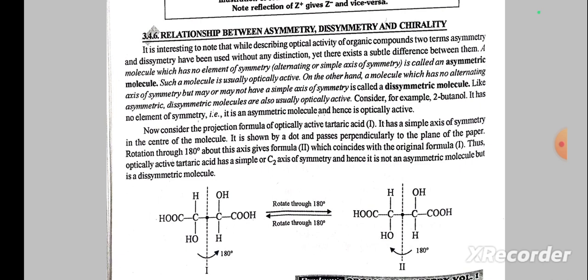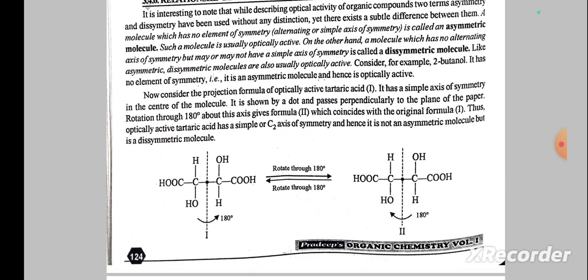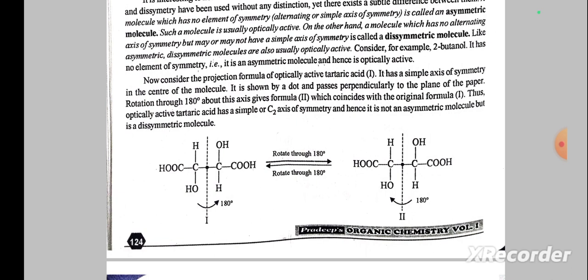Rotation through 180 degrees about the axis gives a formula which coincides with the original formula. Thus optically active tartaric acid has a simple C2 axis of symmetry and hence it is not an asymmetric but a dissymmetric molecule.